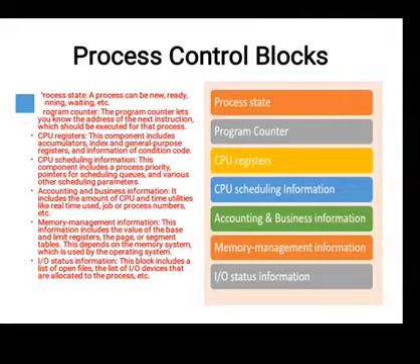Now, each process in the operating system has a process control block, or we call this the process table. The main entries of the process table are process state, process program counter, CPU registers, scheduling information, accounting and business information, memory management information, and input output information.